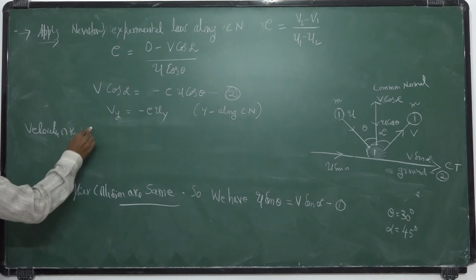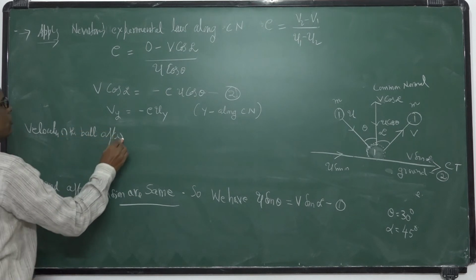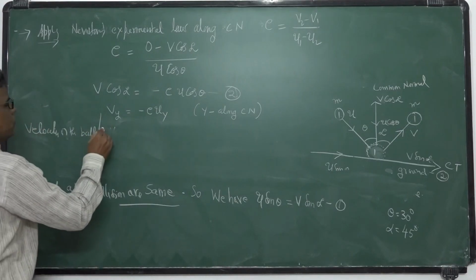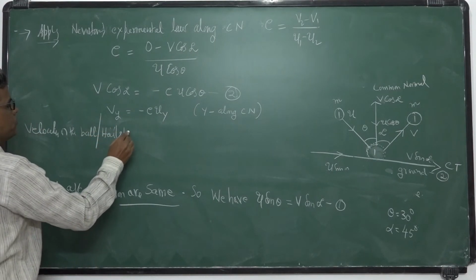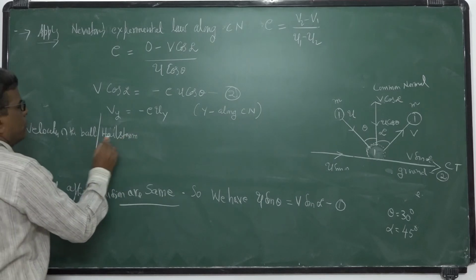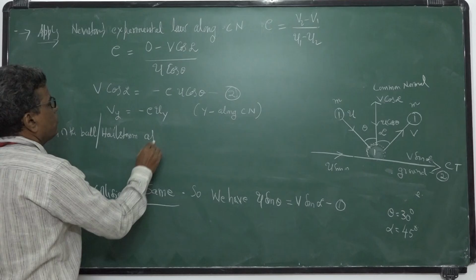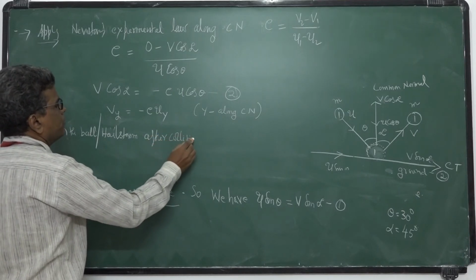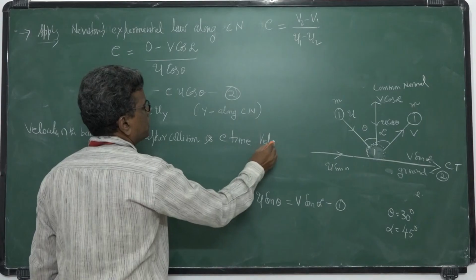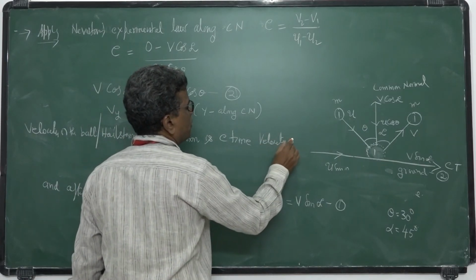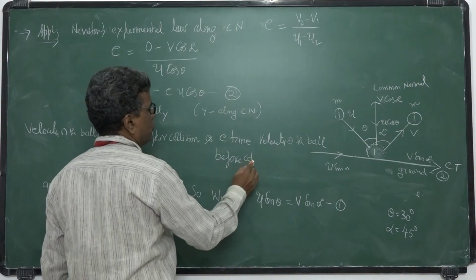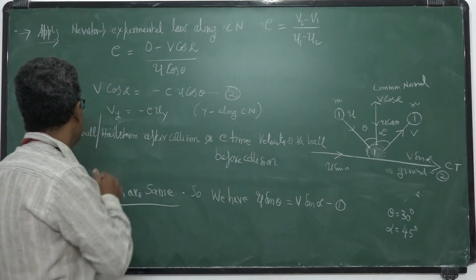The velocity of the ball or hailstone after collision is E times the velocity of the ball or hailstone before collision, along the Cn direction.